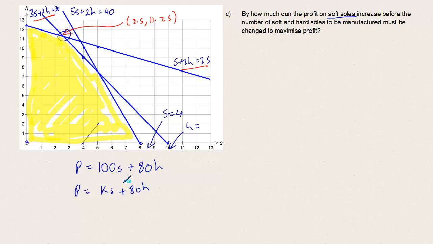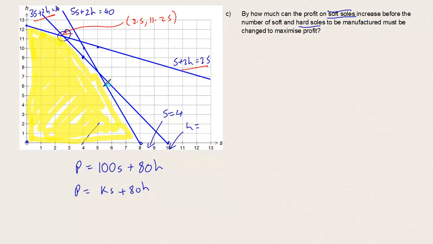But if we want to improve this one, if S is going to improve in terms of how much profit it gives us, that means that we'll want to do more soft soles and potentially less of the hard ones. We may not need to.